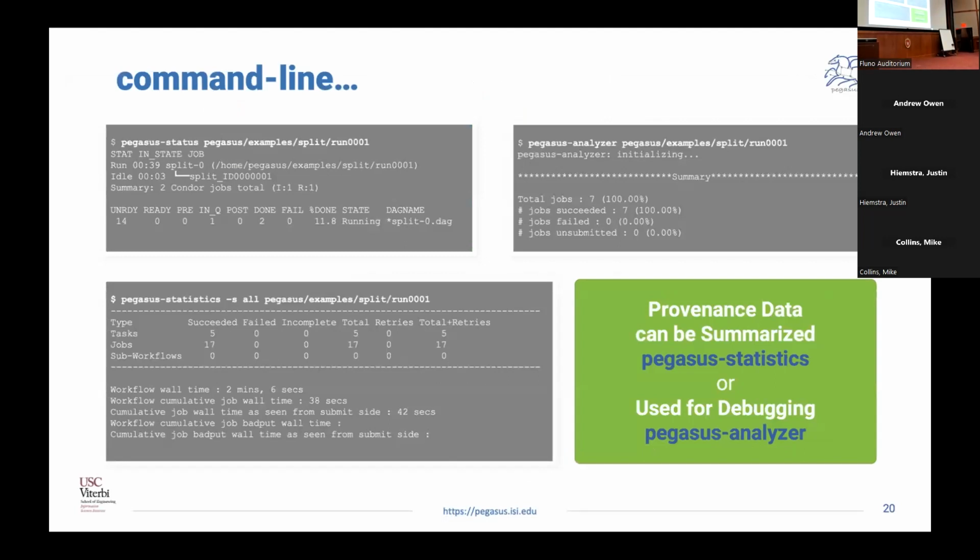The same information is also available to the user via the command line through a set of Pegasus command line tools such as Pegasus Status, Pegasus Analyzer, which allows you to debug your workflow, Pegasus Statistics, which generates statistics for your workflow. All these are getting information from a single data source, which is usually a SQLite database in your workflow submit directory.